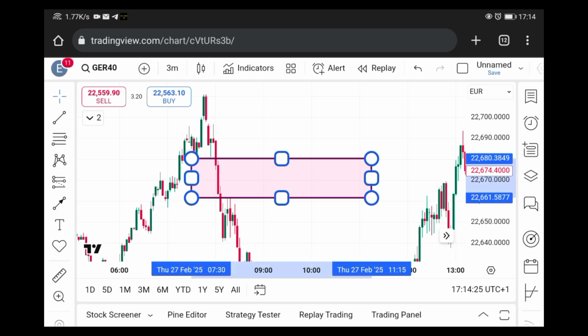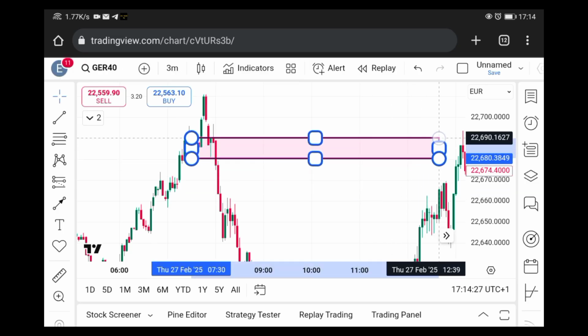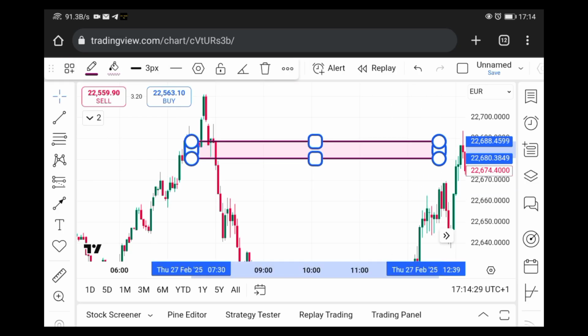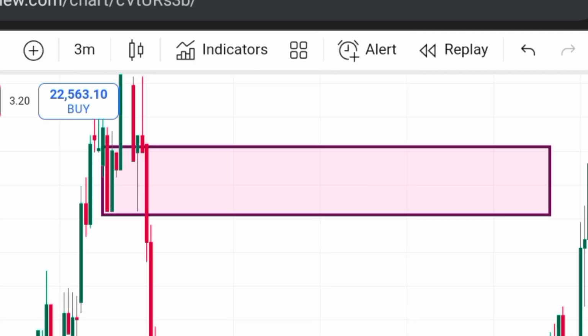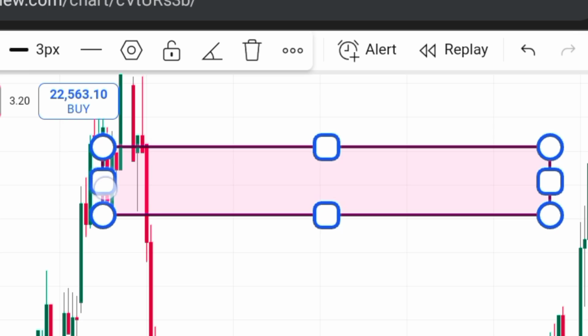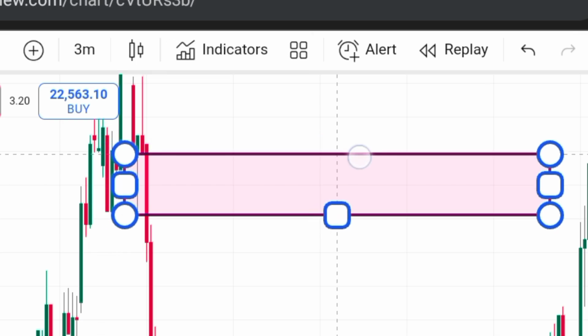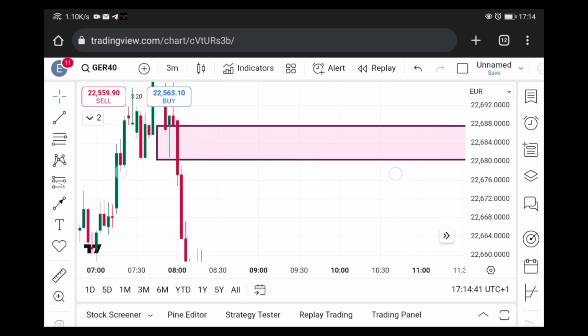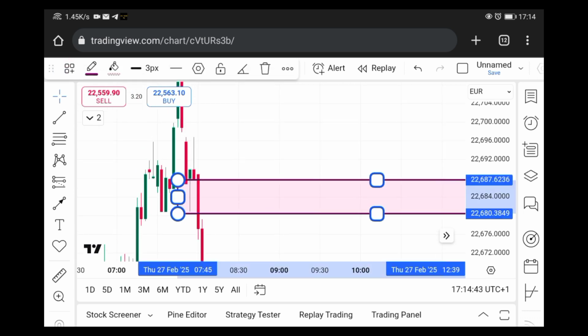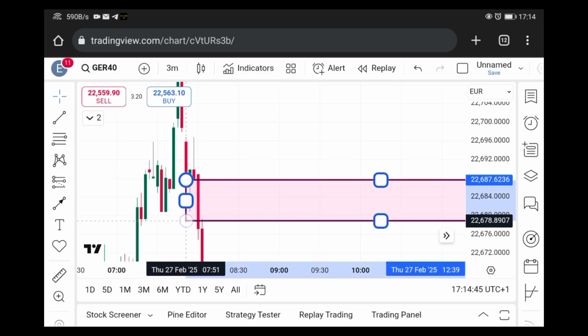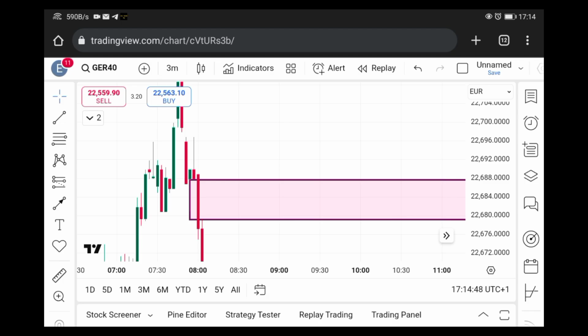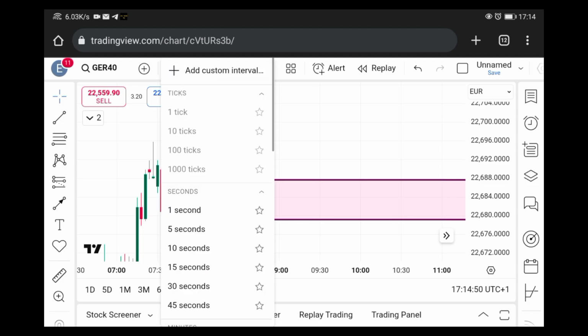So this is my 3 minutes, and that is my imbalance. That is my imbalance right there that I just marked out. So now I'm moving to my 1 minute.